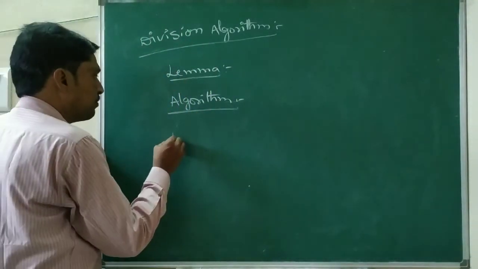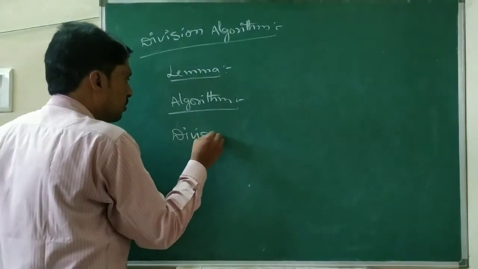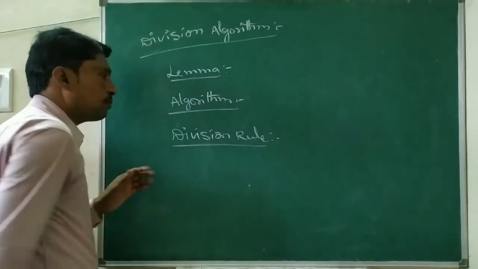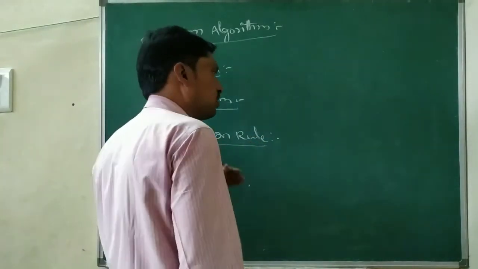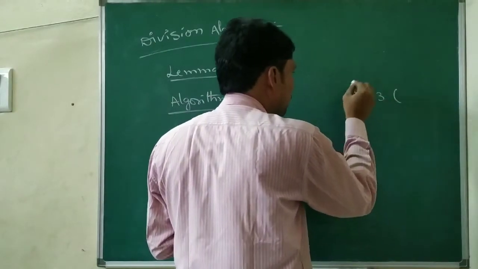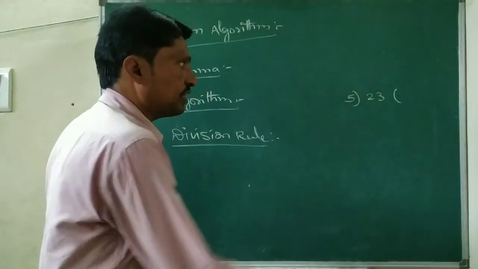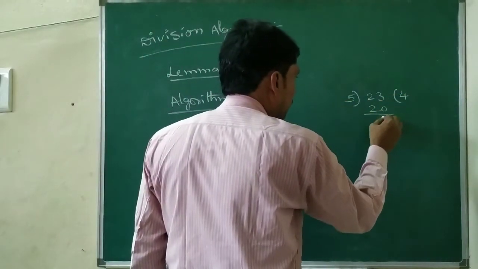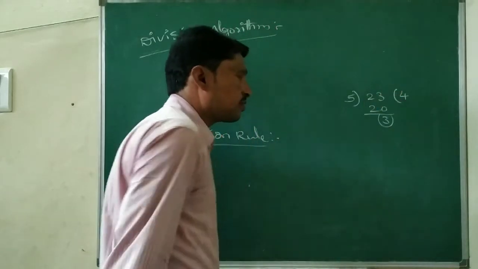Next one, it is division rule. Already we know this. For example, for division rule, 23 divided by 5. 5 fours are 20, and here we got 3.